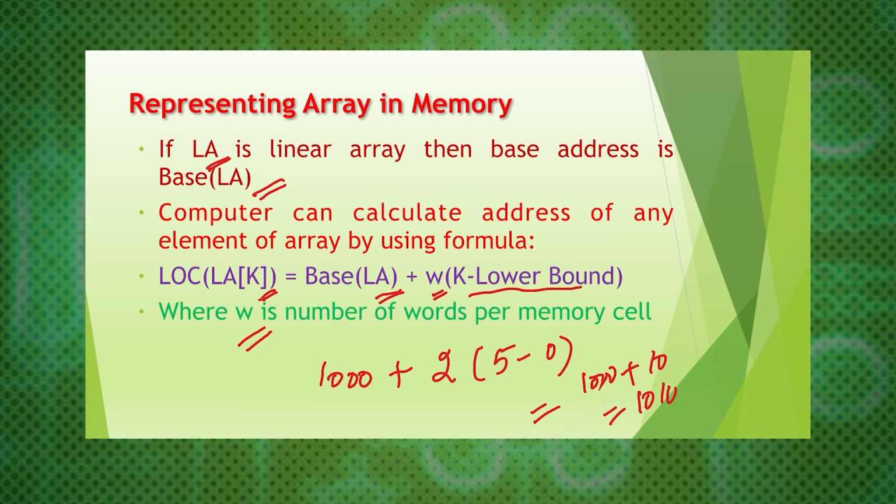So the memory address of any element of the array can be easily found by using this formula. This is the formula we need to refer to whenever we want to calculate the memory address of any element in the array. Now we will go for the traversing operation.